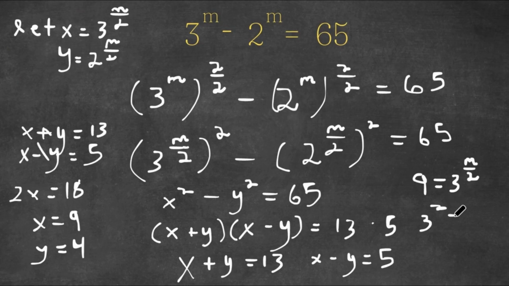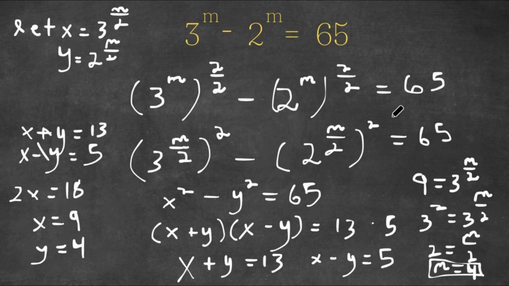So I have 3 squared is equal to 3 to the power of m over 2, meaning 2 is equal to m over 2, and m is equal to 4. So this is our answer. M is 4.